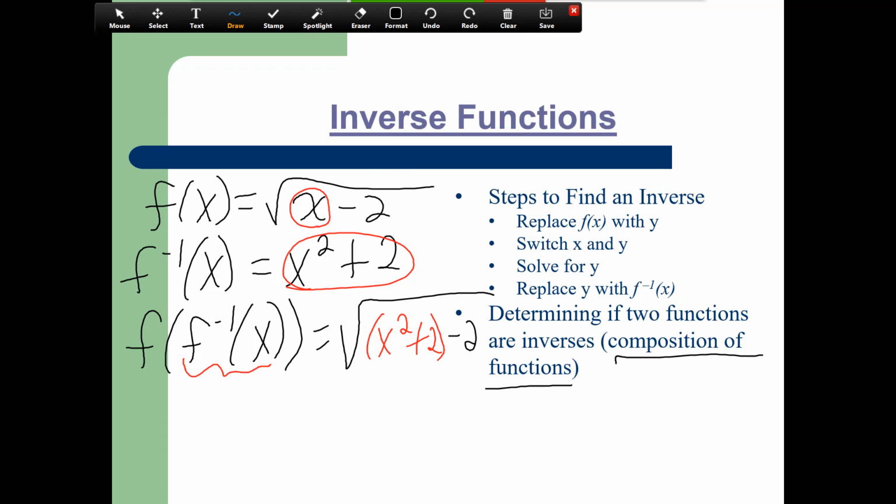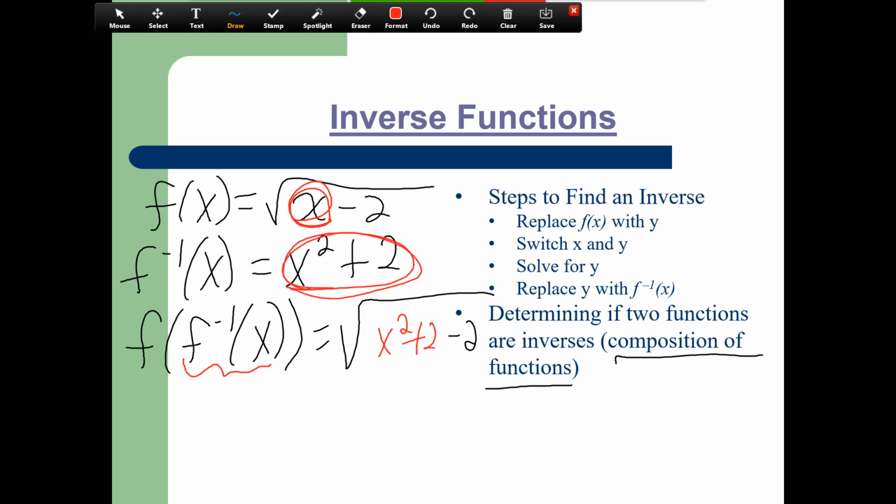Now, I put parentheses in there and I made a different color just so you can see that it's plugged in. We technically do not need the parentheses right here. Whoops, my 2 back in there. But if you need to put it in there just to see that, yes, I am replacing this x right here with this function here, you can.